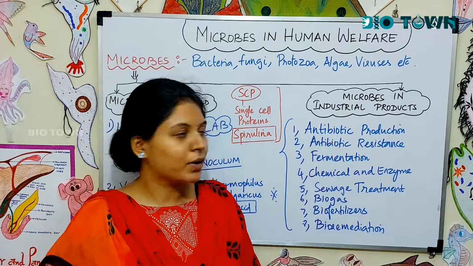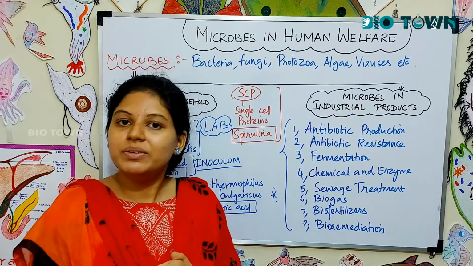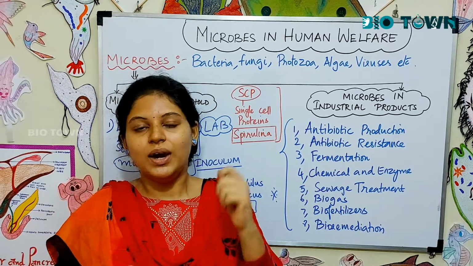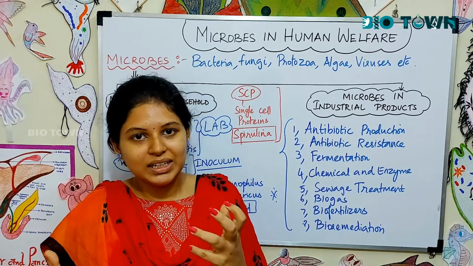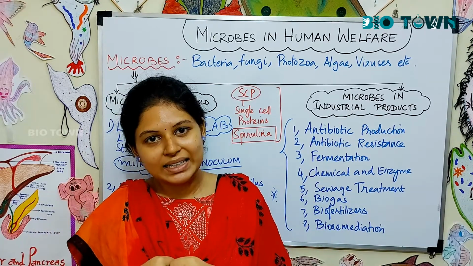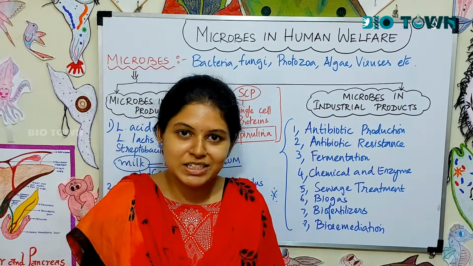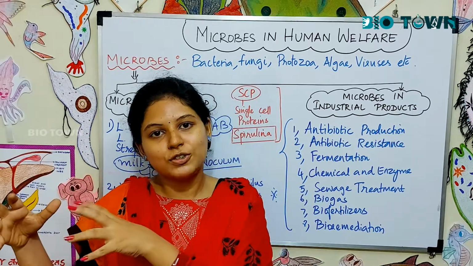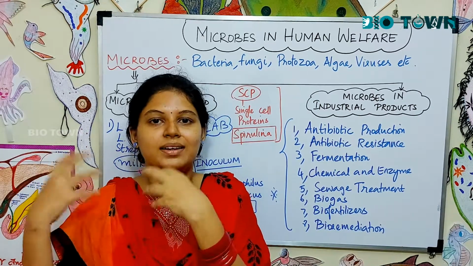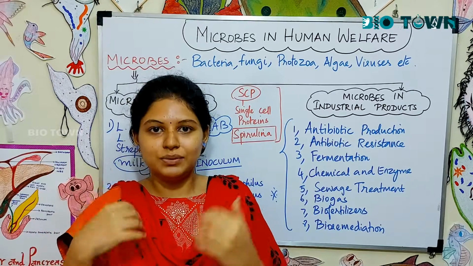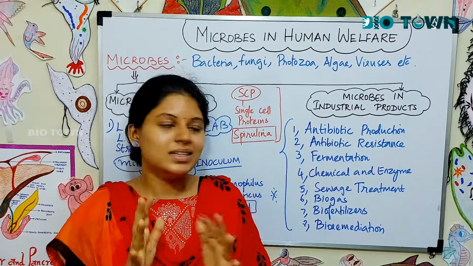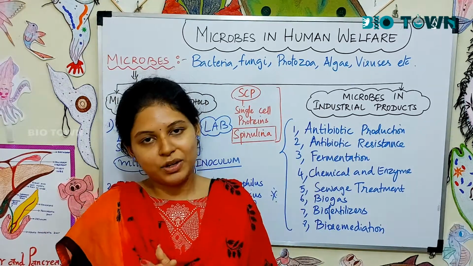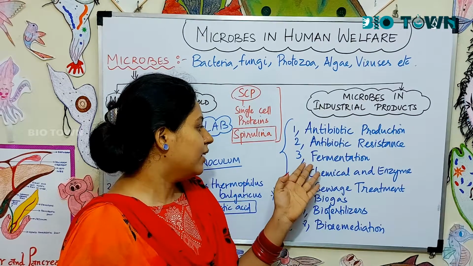So then antibiotic resistance. So what do we do in biotechnology? We insert the gene of interest and then we ligate it and then we apply restriction enzymes and then we clone it into a specific vector, the plasmid, right? So all this we would have learned earlier. So this is the antibiotic resistance process. And then fermentation.